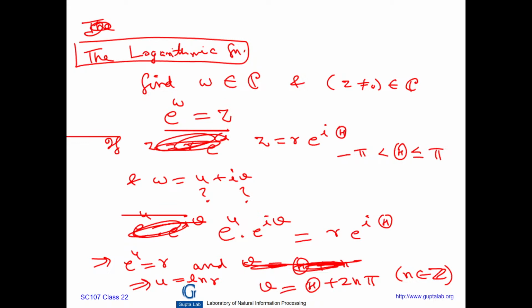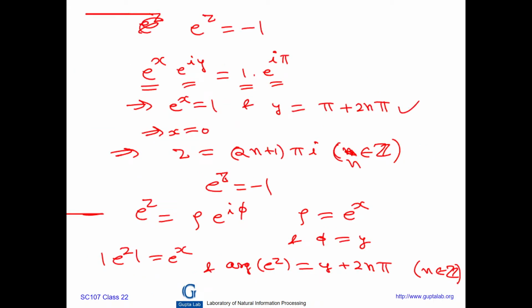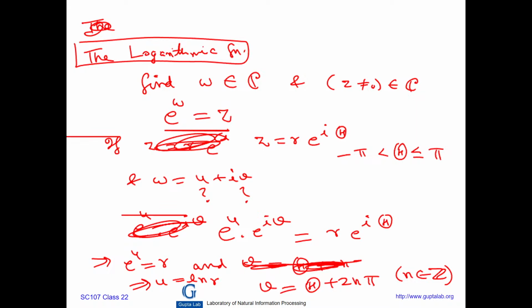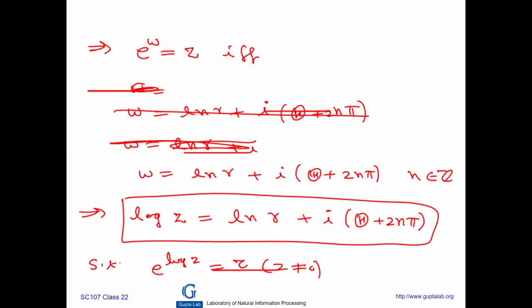We were at the logarithmic function. After defining the exponential function e raised to power z, we talked about the logarithmic function. When we look at the expression e raised to power w is equal to z, for what w? It turns out that log z is this quantity.